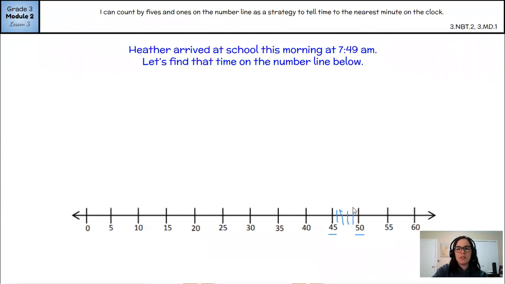So she arrives at school at 7:49. If we think of this like a clock, we would think of this as 7 o'clock here and 8 o'clock at the 60. So 7:49 is going to be there.